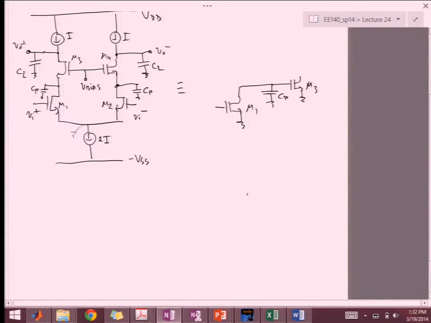Oh, sorry. This is going to be like this. And then here we have CL. And on this node, we have VOD over 2.